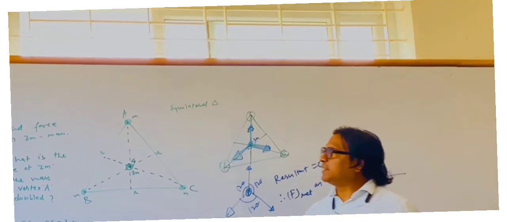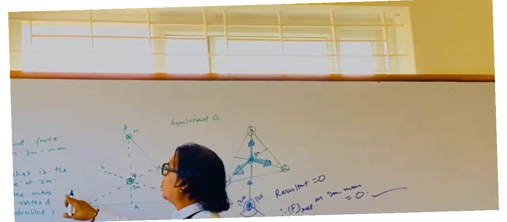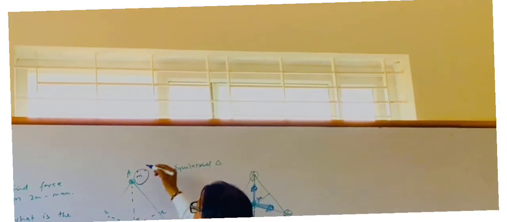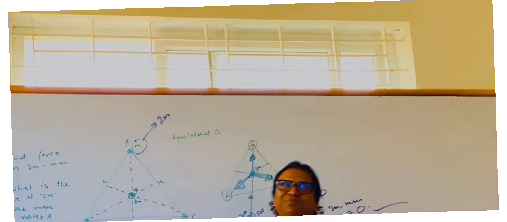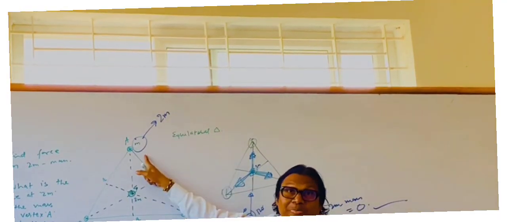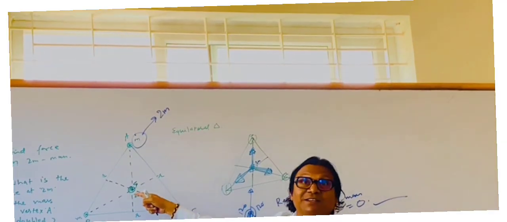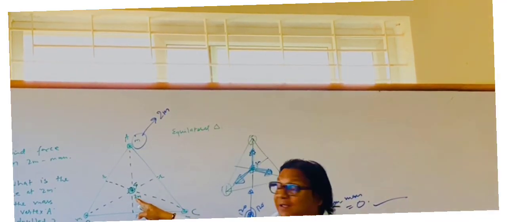Secondly, they are saying what is the force on this 2m mass again if the mass at vertex A is doubled, that means in place of m it is 2m. Now think again. When it was m, the net force was 0 on 2m.